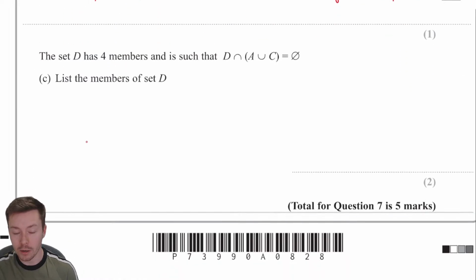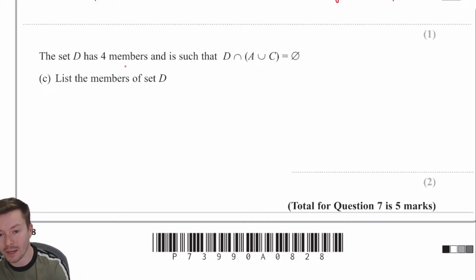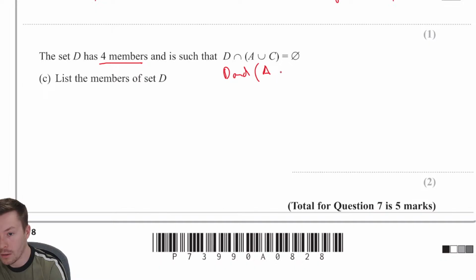Right, next part of this question. The set D has 4 members and is such that the things in D and A or C is nothing. Let me write that a bit better.